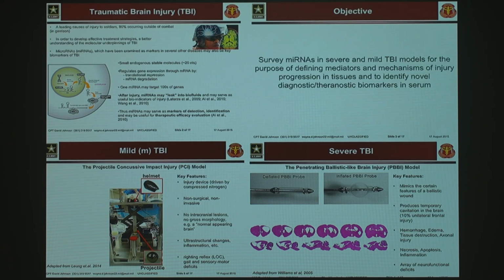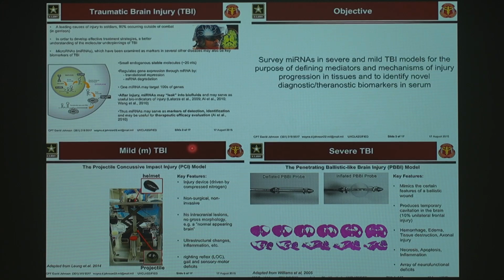And so my project looked at the severe TBI model and a concussive TBI model, looking at changes of microRNAs over a time course. I did 4 hours, 1 day, 3 day, 7 day, and some microRNAs I also went out to 14 days. And so here are the 2 models of TBI.